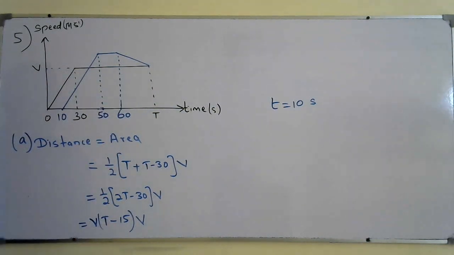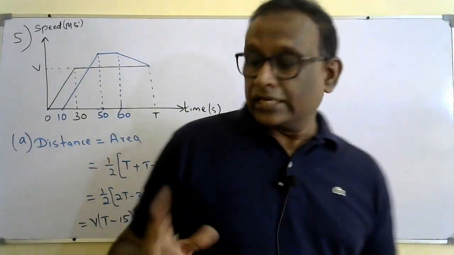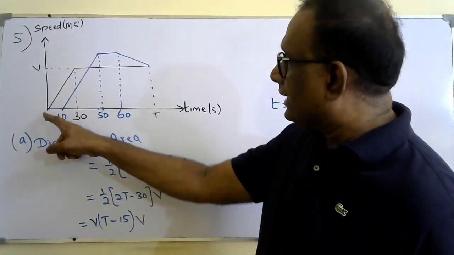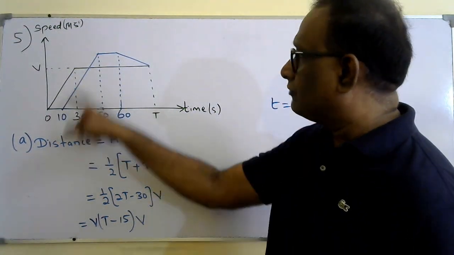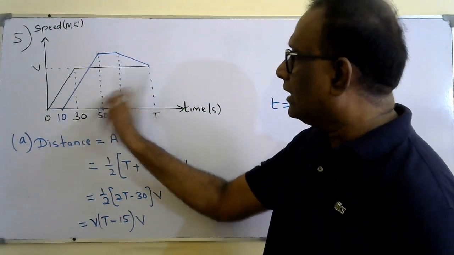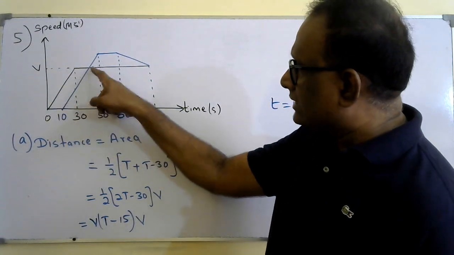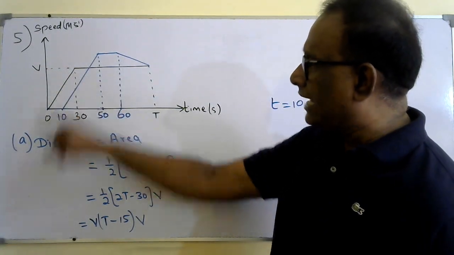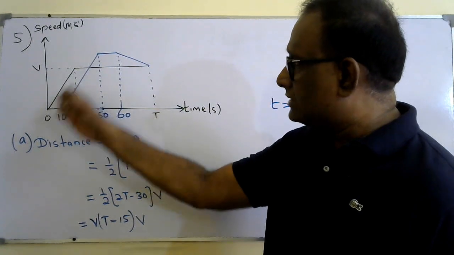The blue graph is for the motorbike and the black graph is for the car. The acceleration of the motorbike and the acceleration of the car are the same, so the lines should be parallel.